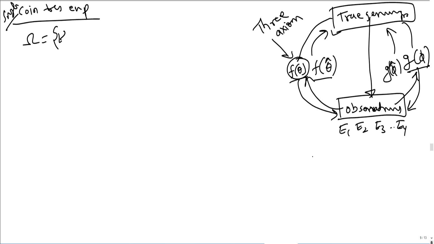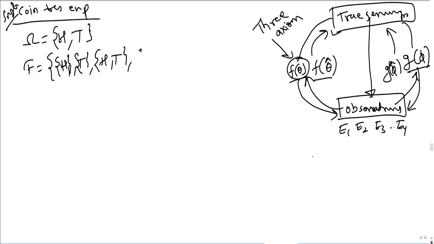You can get heads or tails, right. So, these are two possible outcomes for a coin toss. What would be then the event space? Head, tail, head or tails, and an empty set. So, these are all the possible events.